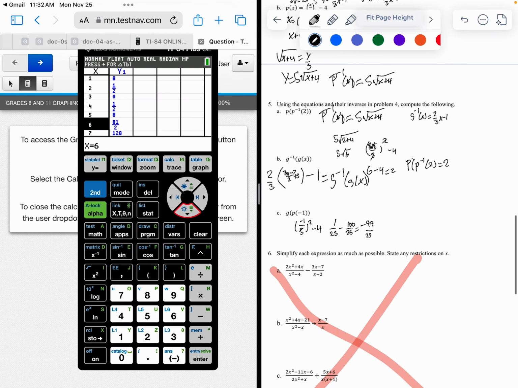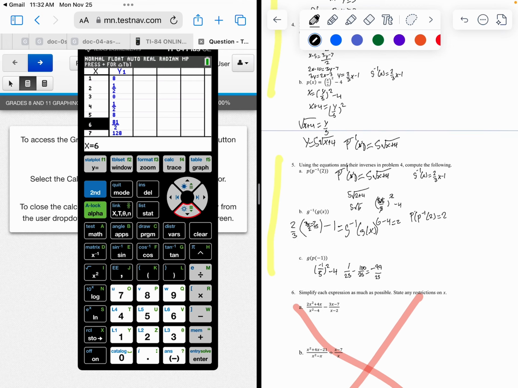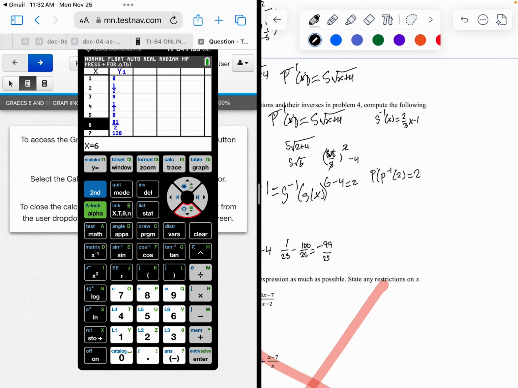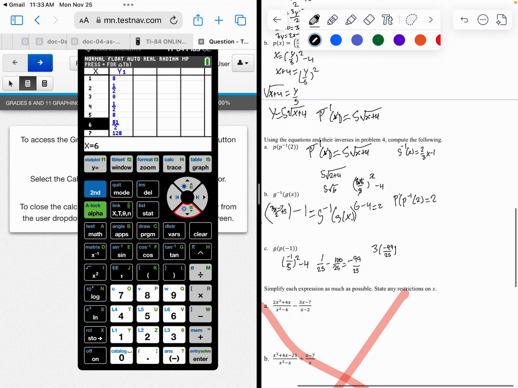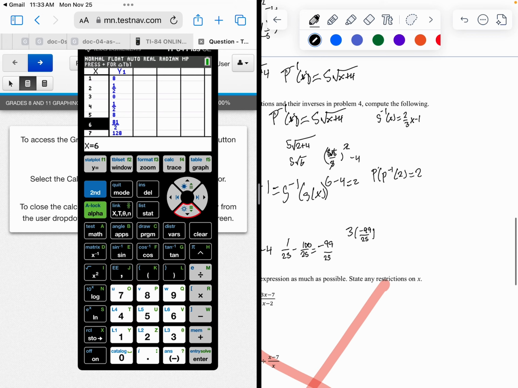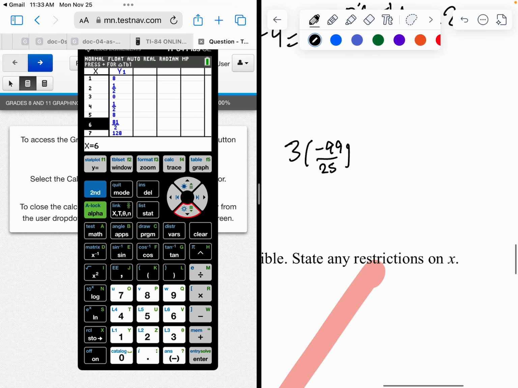Now we plug that into G. Plus or minus 7 divided by 2.